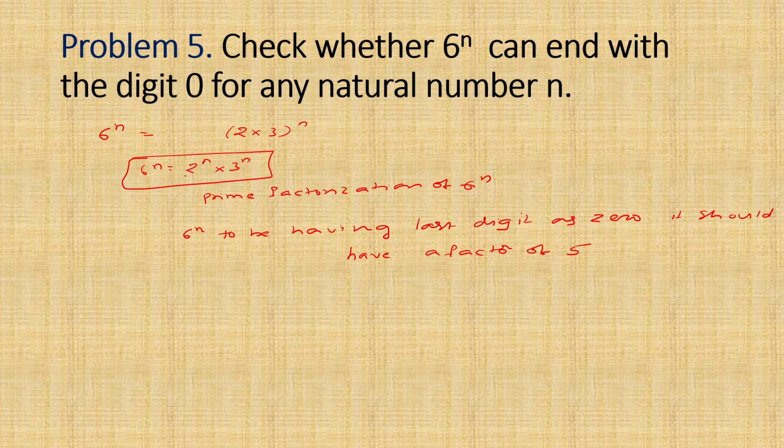Because 2 is already a factor. 6 is equal to 2 into 3. So 2 is already a factor. To get last digit as 0, we get 2 into 5 means 10. Then only we will get last digit as 0. So to get 0 as last digit, 5 should be a factor of 6 power n.